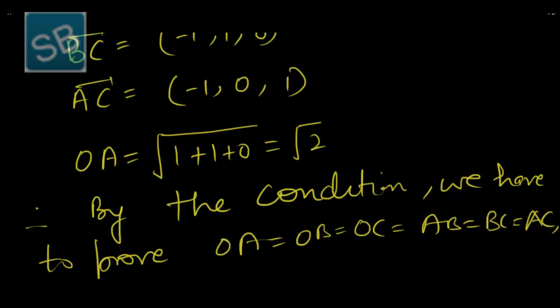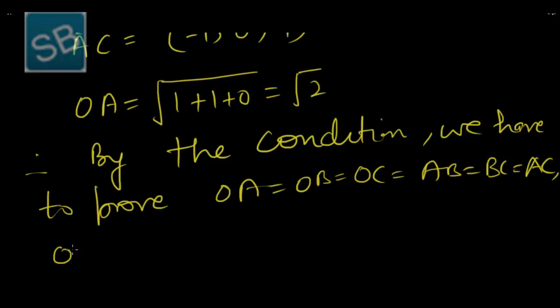Therefore, we have to find OB also. So OB is also 1 square plus 0 square plus 1, that is under root 2.